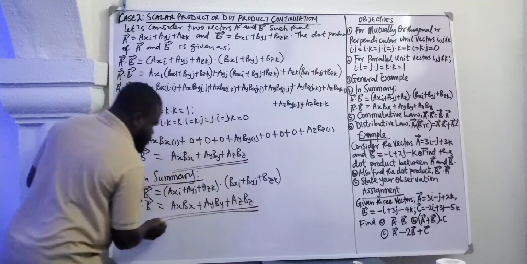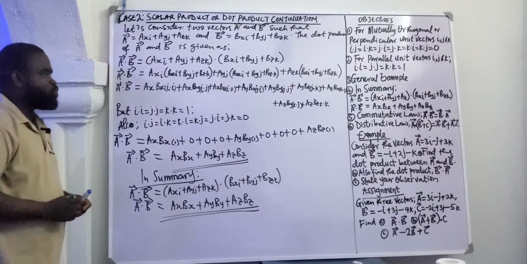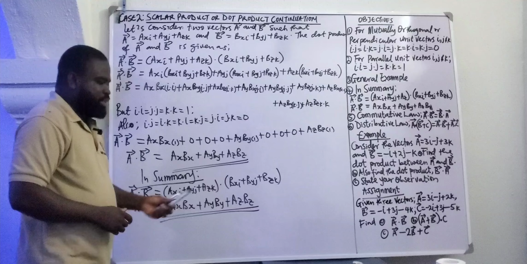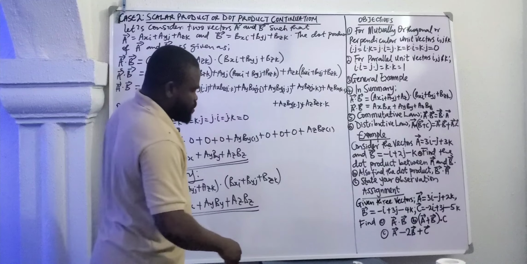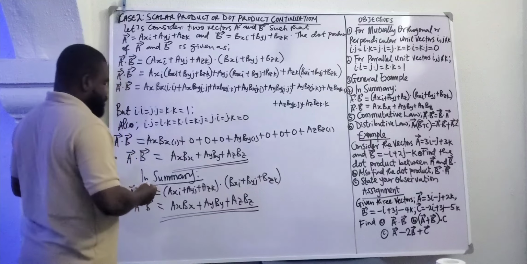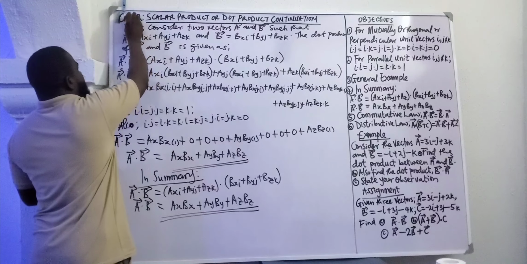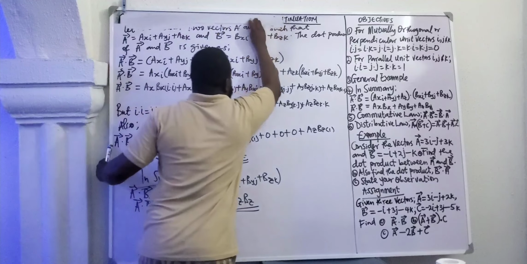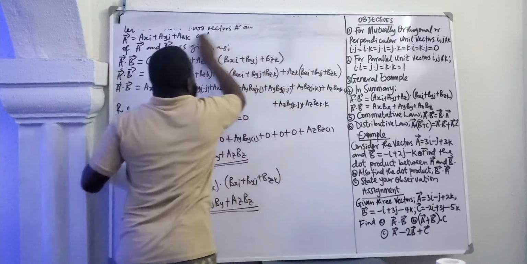This is direct answer. And that is what we are going to apply in the examples we are going to solve, and then in the assignment I want you to solve as well. So this is a shorter form of doing dot product or scalar product. So let's solve the example as we have it.